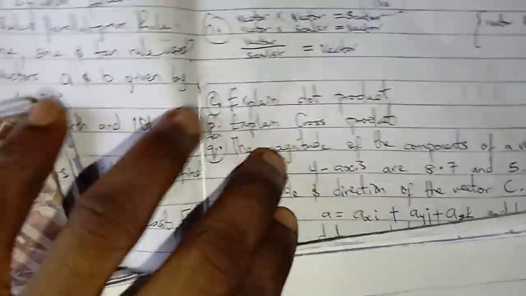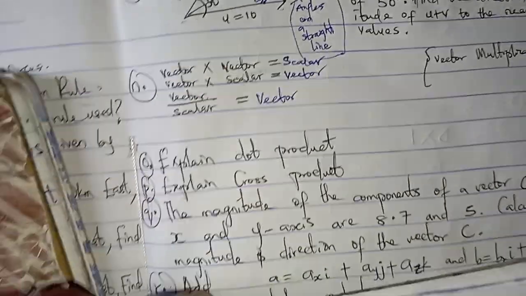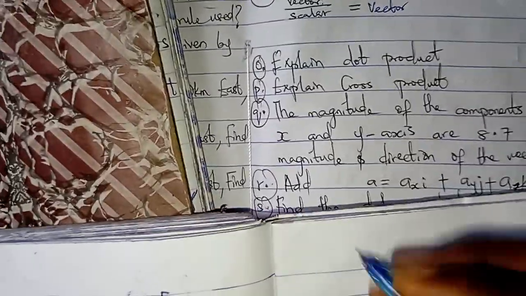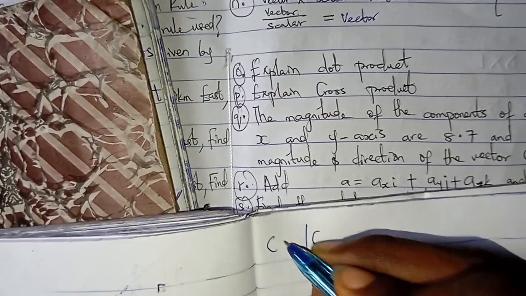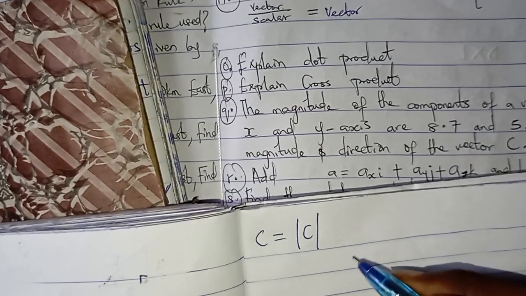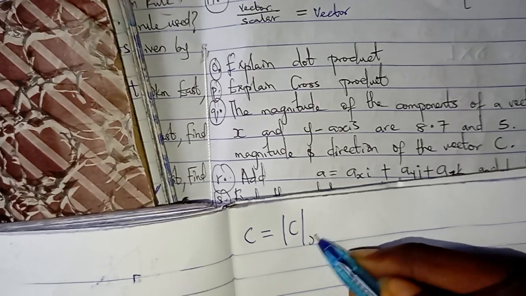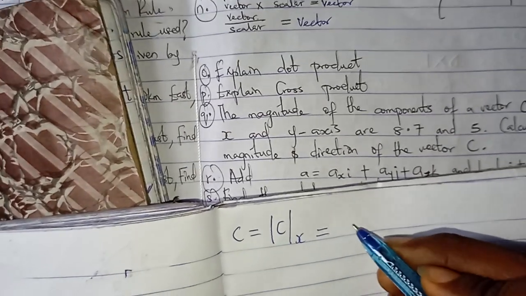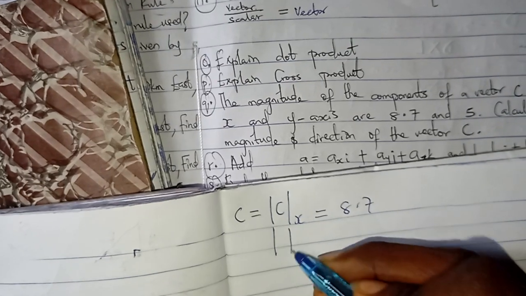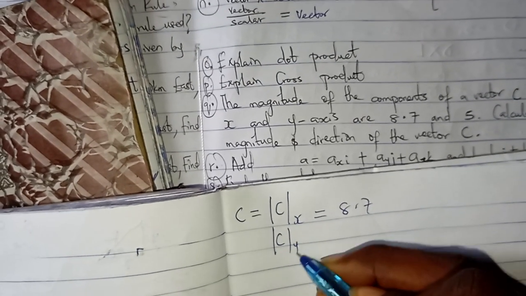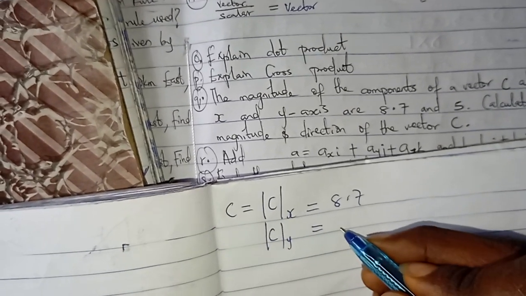So this sentence is saying I have a vector C. Its magnitude in the x direction is equal to 8.7, and its magnitude in the y direction is equal to 5.